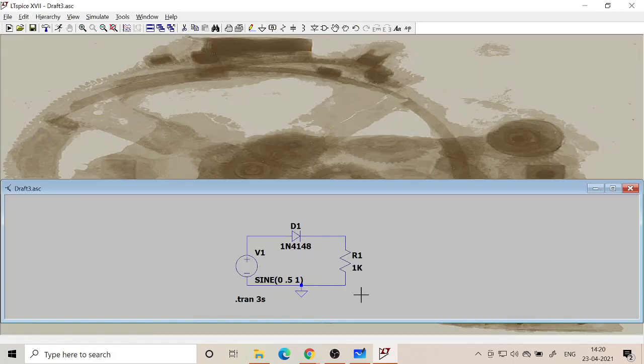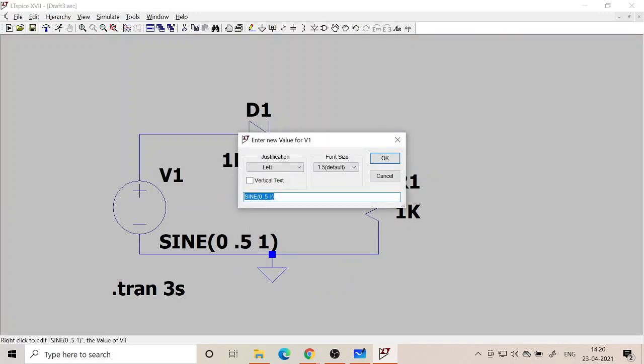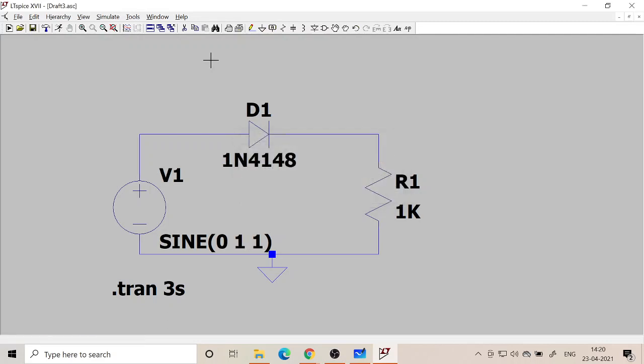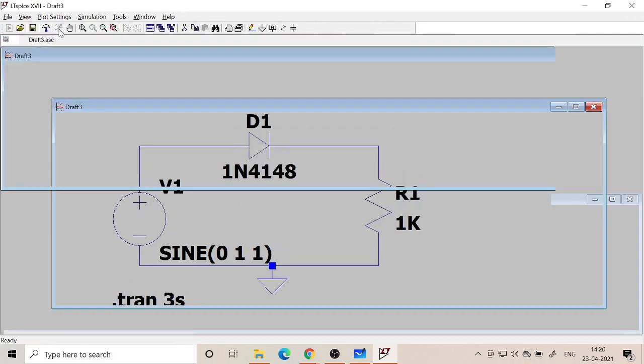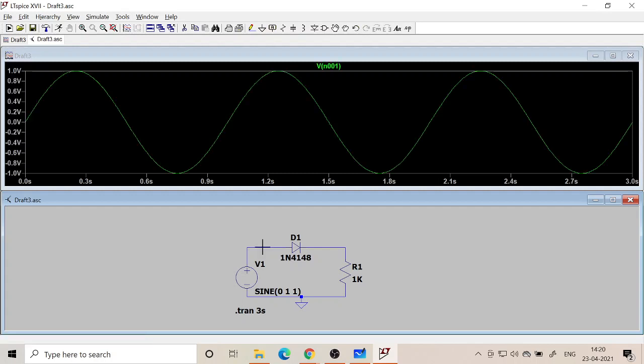When I did it with 1 volt, we could measure that. So if I put it back as 1 volt and run it again, you can measure it. This is how we experimentally measure the cut-in voltage.